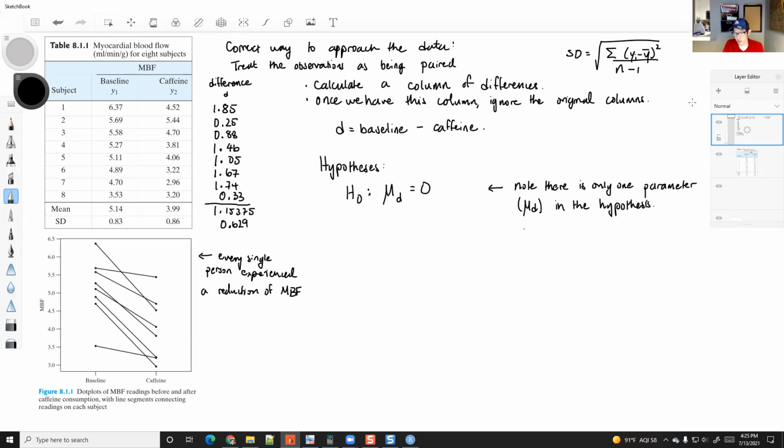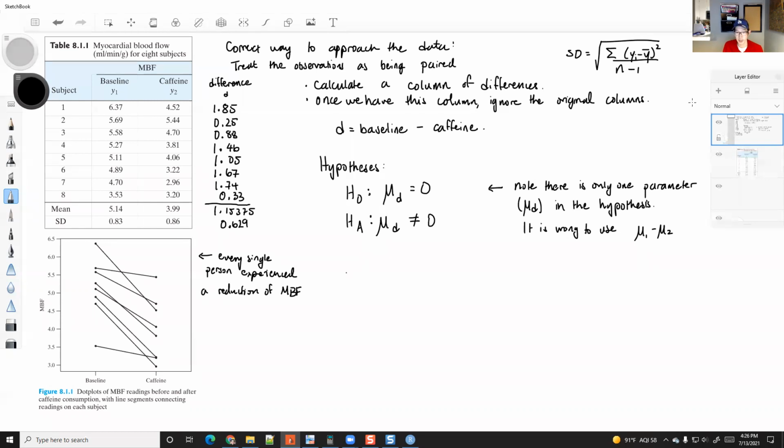It is wrong to use mu1 minus mu2, because this implies that there are two different means and you're asking for the difference between the means. Here we're asking, is the mean difference, the mean of this column, equal to 0? And the alternative, we'll keep it non-directional. We'll ask, is it not 0?